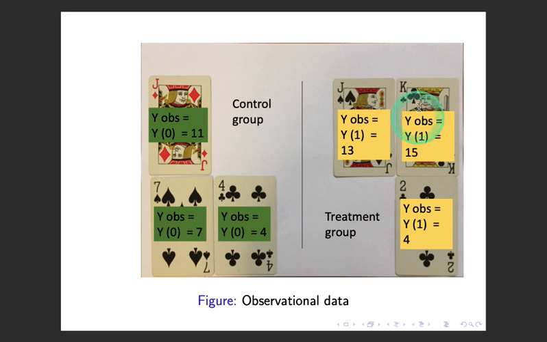So the observed Y will end up being larger for two reasons. One is that it's in the treatment group, and the second is that the treatment group has more face guards. So through matching or through regression, we can adjust for the fact that the treatment group and the control group have systematic differences, not just in the treatment assignment.